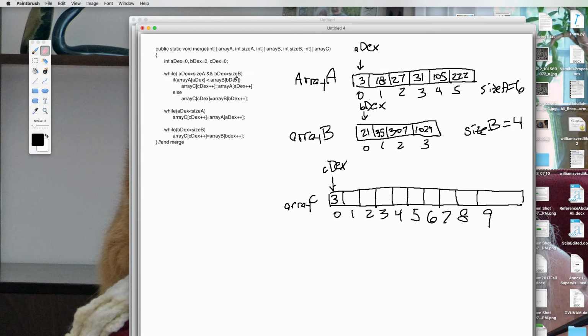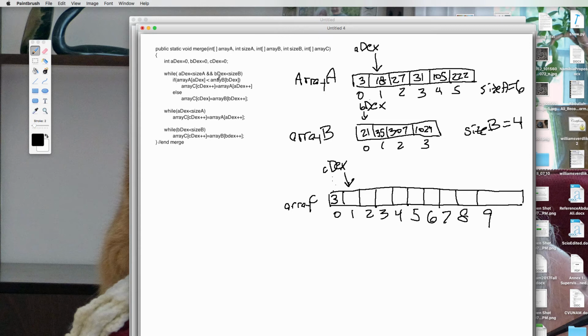We've done this part over here. So we're going to do C-dex plus plus, and the A-dex plus plus. So what I've done now is advanced this pointer here, and advanced this pointer here. And now A-dex is pointing over here, and C-dex is pointing over there.